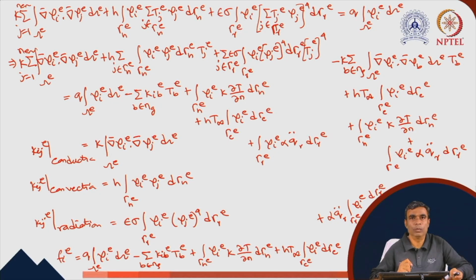So now we have the individual components from the conduction term, the convection term and diffusion term.